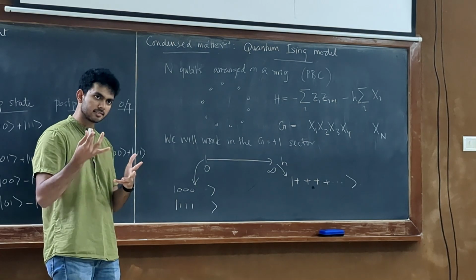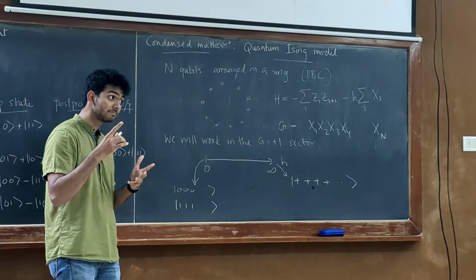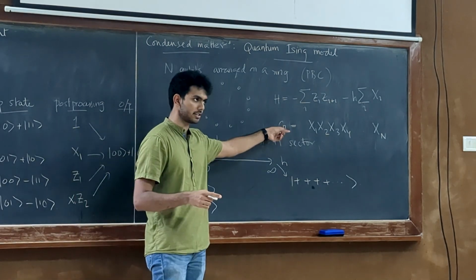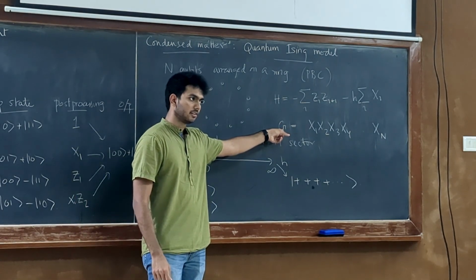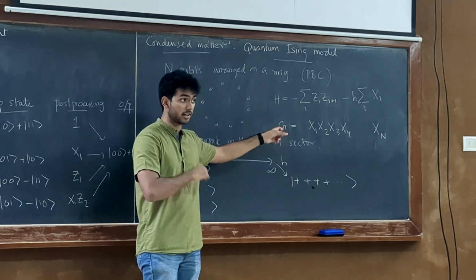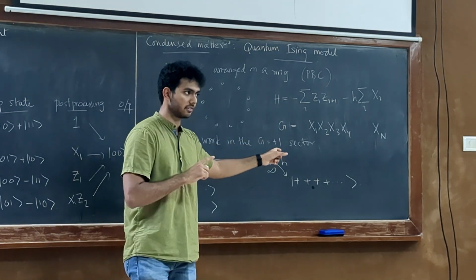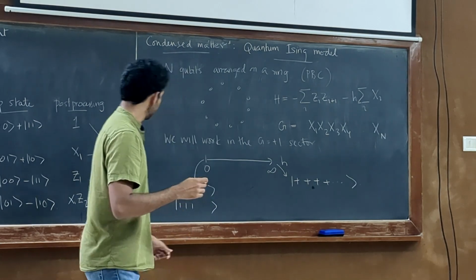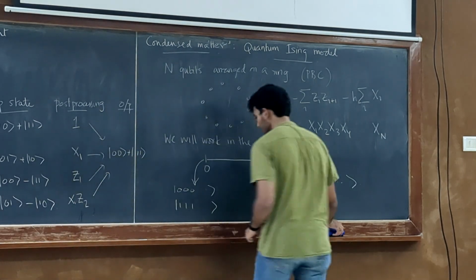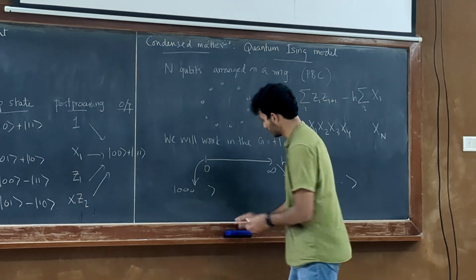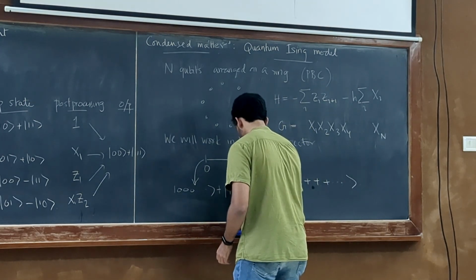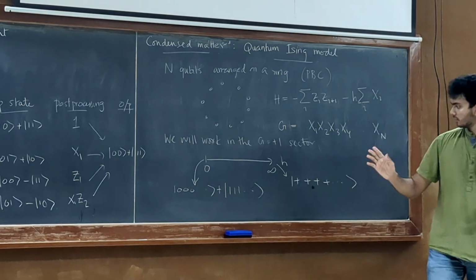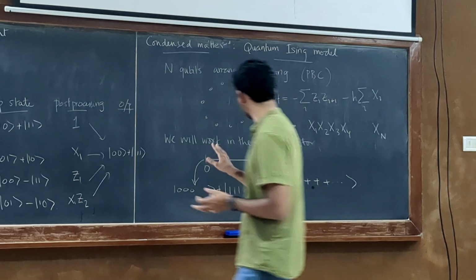The all-0 state, does it satisfy G equal to plus 1? No, it doesn't. It's not an eigenstate of the symmetry operator, right? Because x flips 0 into 1. So the only possibility is this: all 0 plus all 1 in this particular superposition.